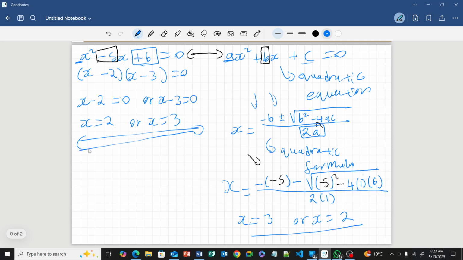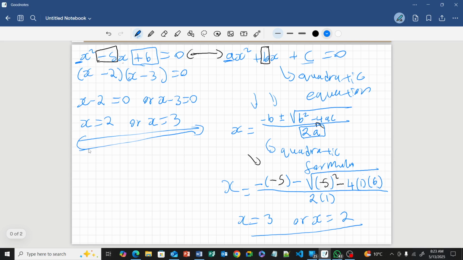Okay, so the quadratic formula is a way of solving a quadratic equation if you are unable to factorize. If you see that you're having problems with factorizing, then you use the quadratic formula and it's going to give you your answers.